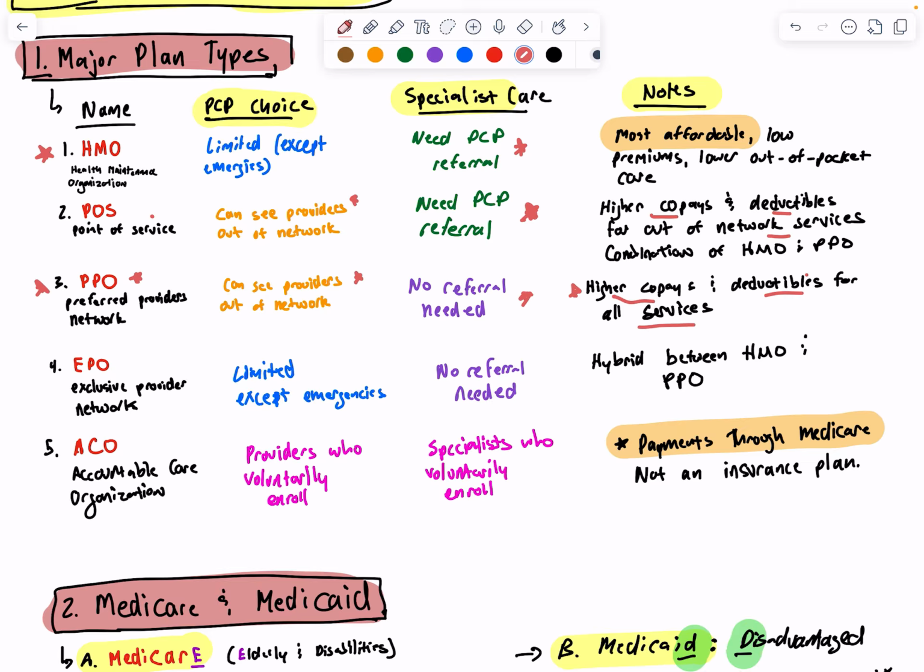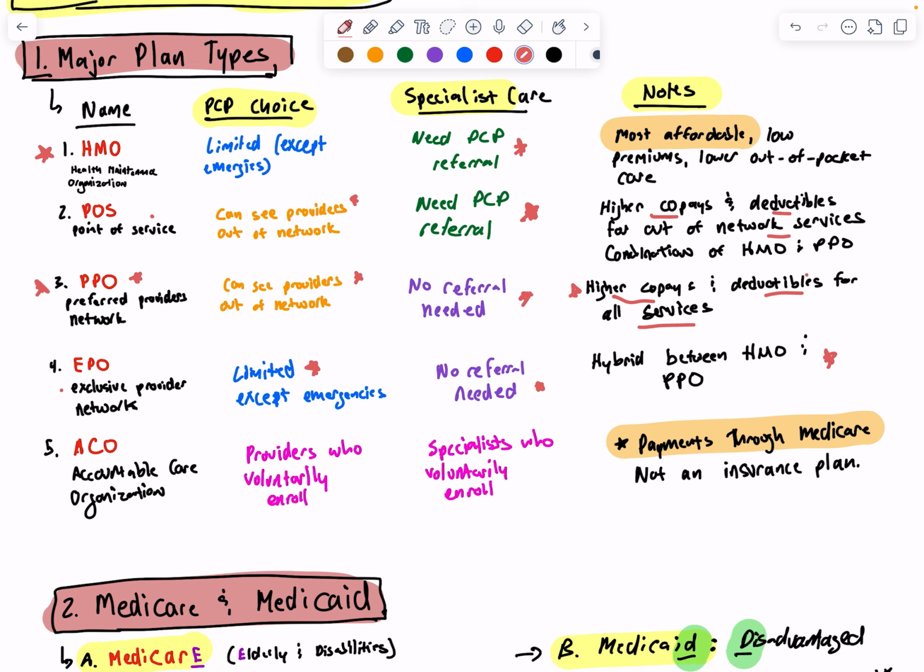All right, then you have EPO. This stands for Exclusive Provider Network. PCP choice is limited to the providers in the network, and the only exception is emergencies. You don't need a referral for specialist care in an exclusive provider network to go see a specialist, but it has to be in that network.